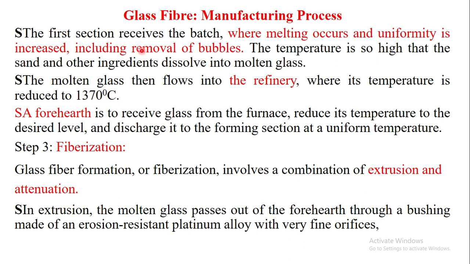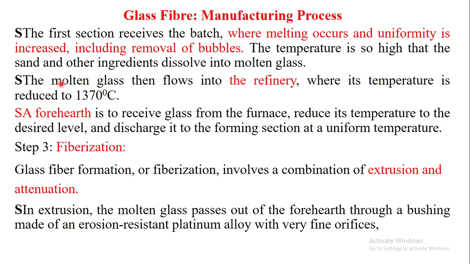The first section receives the batch from the batching room, where melting occurs. In the first section of the furnace, melting starts and uniformity is increased, including removal of bubbles. The temperature is so high that the sand and other ingredients dissolve into the molten glass. Here, the melting process starts.